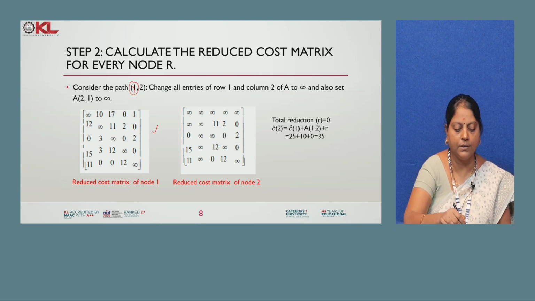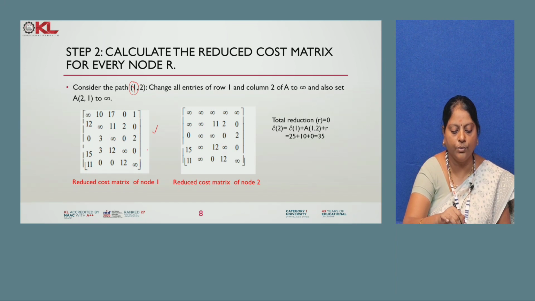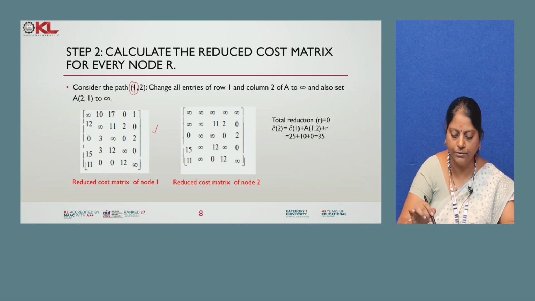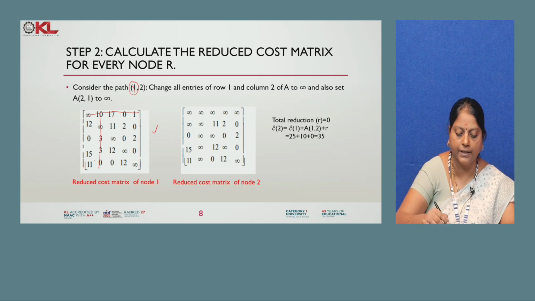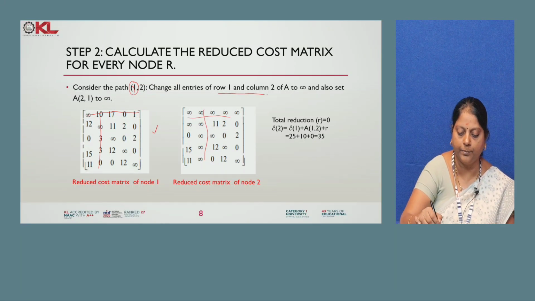Next, for 1 to 2, first row and second column are made infinity. So we get this row and column as infinity. That is step 1.